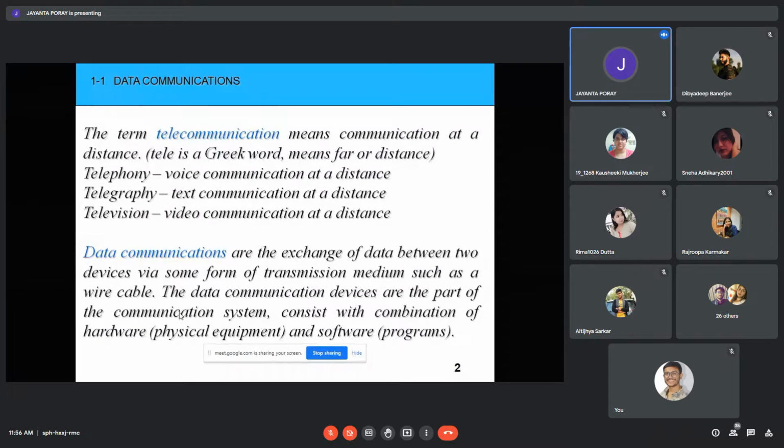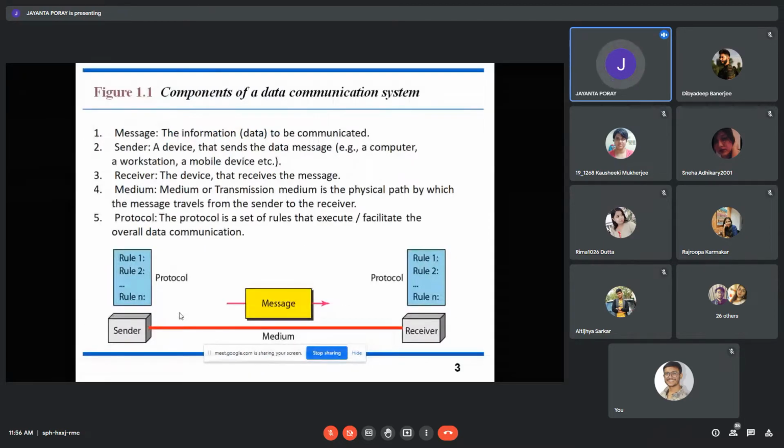So in one summarized context, that could be your point: what is the basic difference between telecommunications and data communications? Now, for data communications systems, what are the components? That is the starting point.